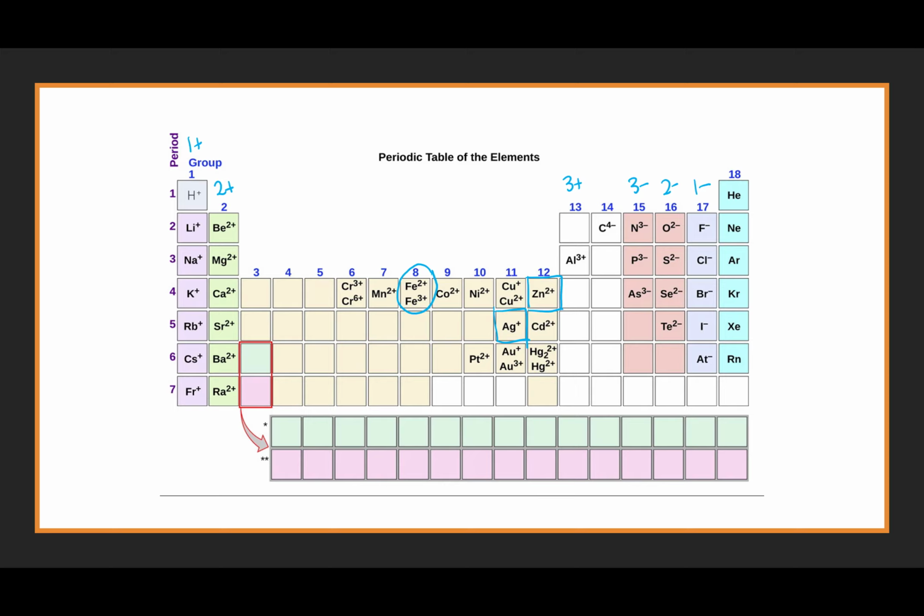A way to remember this, and it's just a pattern in the periodic table, it has nothing to do with the atomic structure, is that if you remember that aluminum is 3+ based on your pattern in the periodic table, then if you go diagonally down, we have zinc being 2+ and silver being 1+. So it's a 3-2-1 pattern. For the other elements, you'll be given the charge.